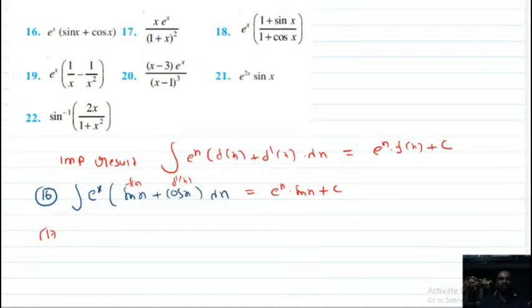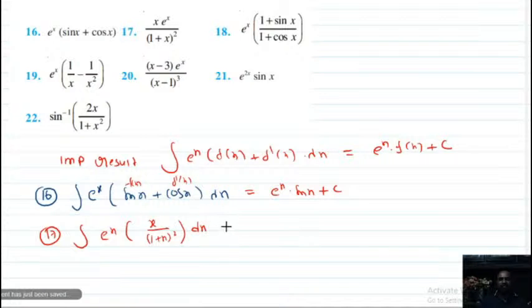Now the 17th problem, integral of e power x into x by 1 plus x whole square. The problem is not directly in standard form, so we need to convert it into standard form. Students, listen here. e power x as it is, this function should be rearranged.